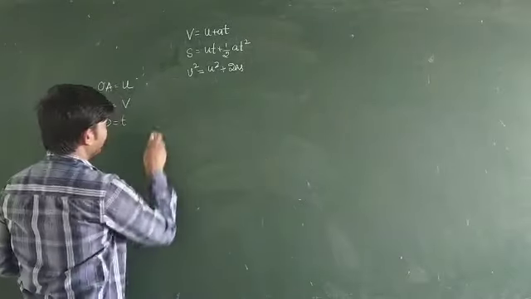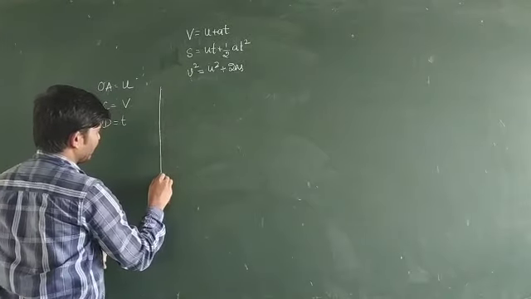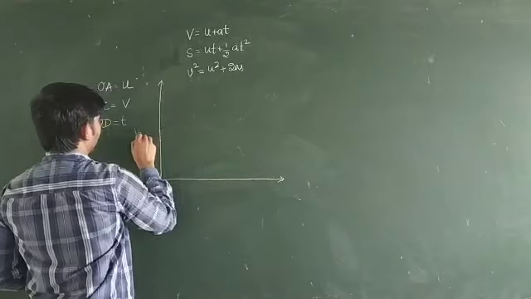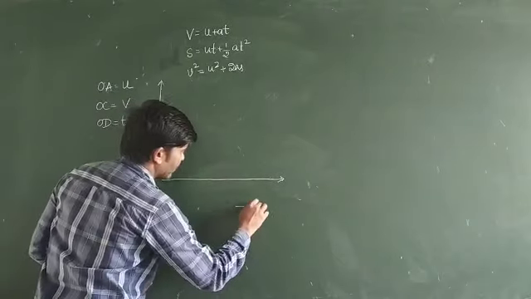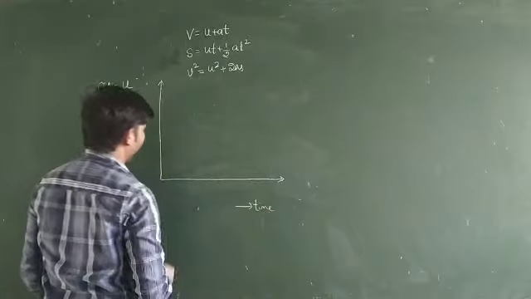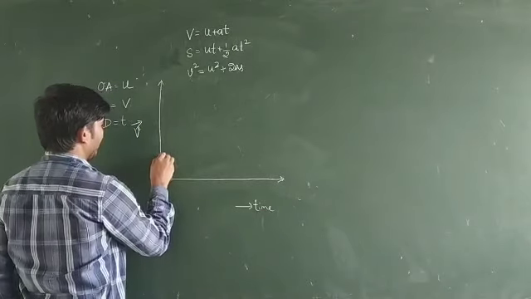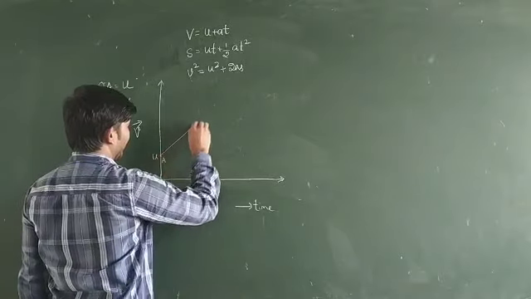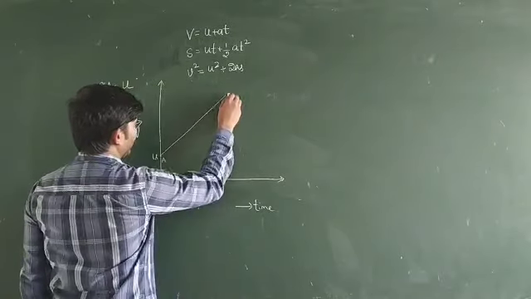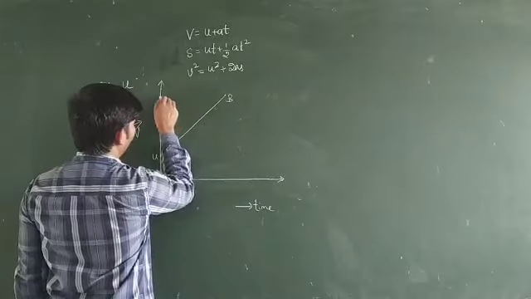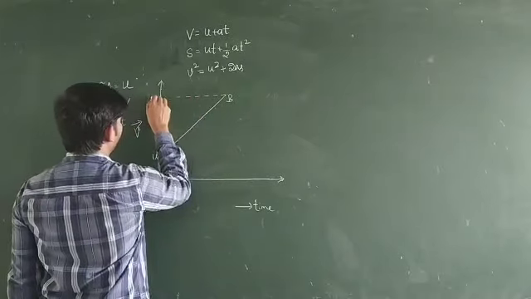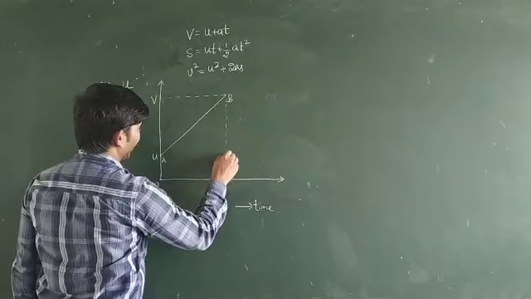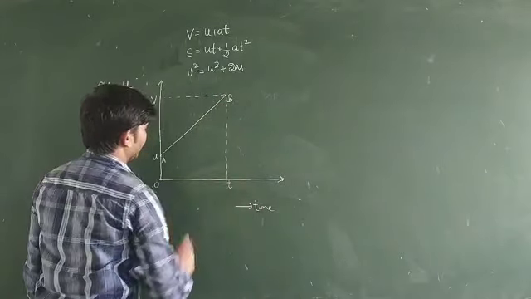I draw a little bit this side. This is the velocity axis, this is the time axis, and it is the origin. From this point A, it's the initial velocity, and then the body accelerates uniformly and acquires the final velocity at the point B. It is represented as v in a certain interval of time, that is t.